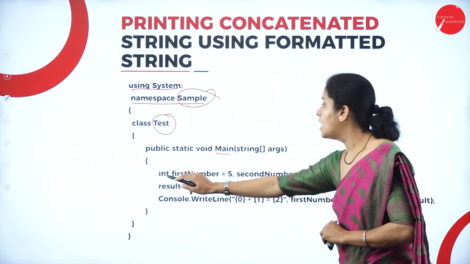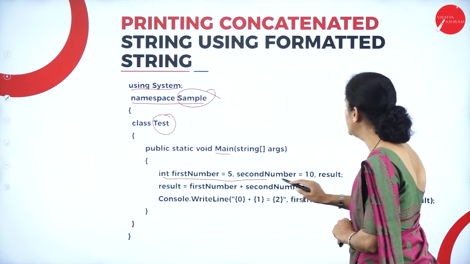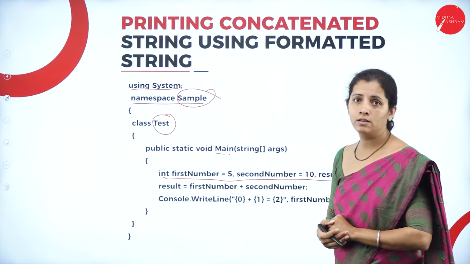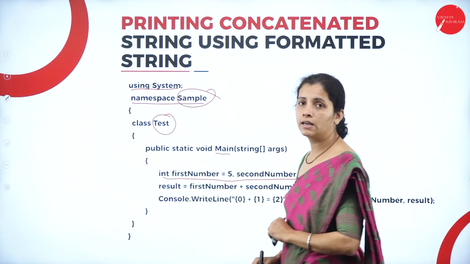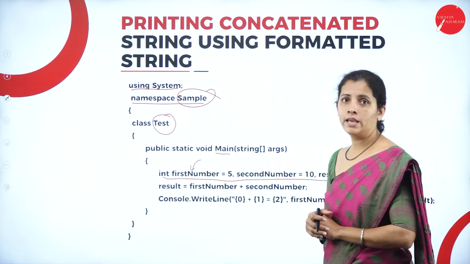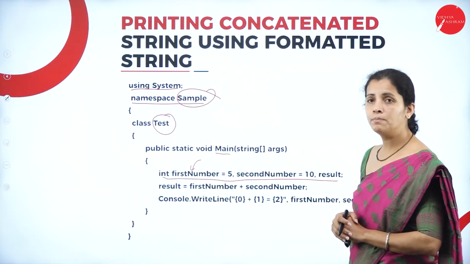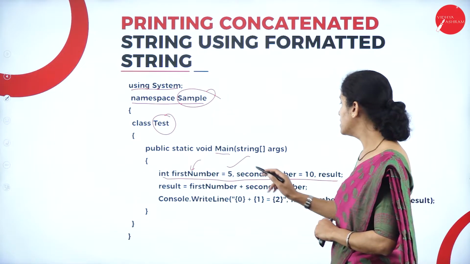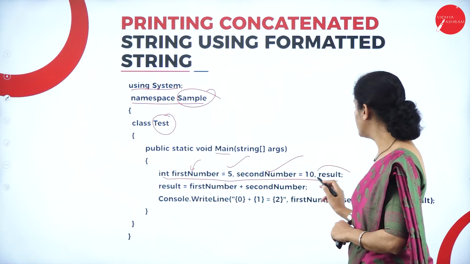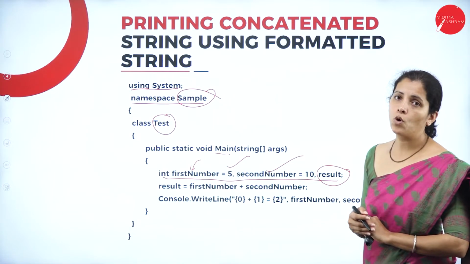So here I'm going to have the data as well as the variable. So what is my data type here? That is integer. And what are the variables I have? That is first number that is equal to 5, then the second number that is equal to 10, and I have the result. Now what I'm going to do?